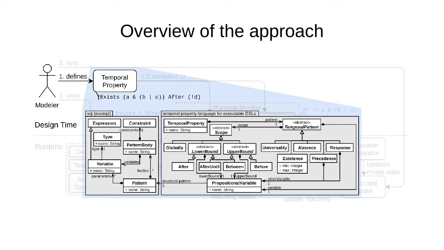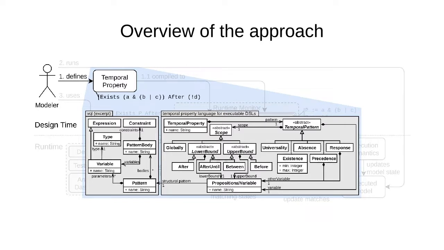Our temporal property language results from the integration of Dwyer's property specification patterns and of the VIATRA query language. The property specification patterns allow domain experts to express the temporal aspects of their properties without requiring a technical background in computer sciences, thereby bolstering the usability of the language.